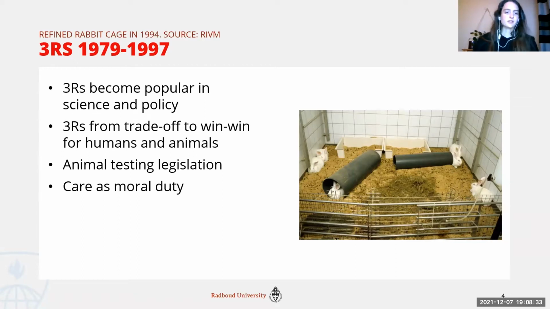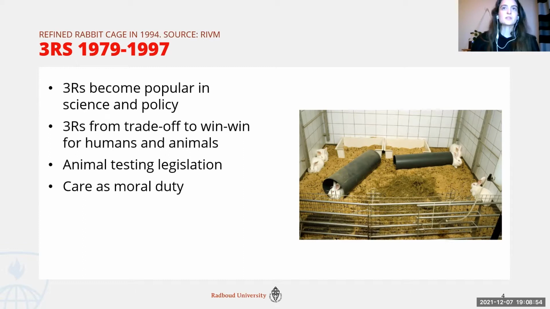Regarding the 3 R's, you can see they become popular within science, but also within policy. So you get governments creating policy explicitly to promote the use of alternatives and also allocating some budget to that. You see national centers for alternatives, and also within institutes, coordination points for alternatives.